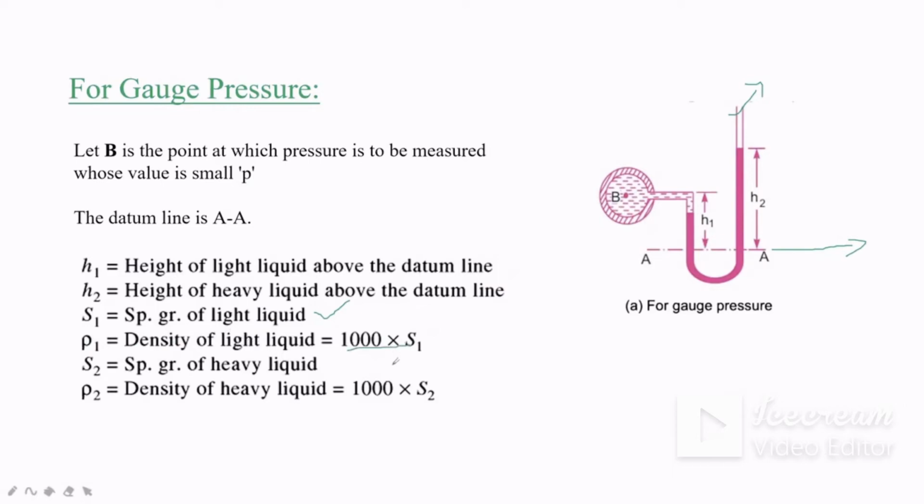S2 is the specific gravity of the heavy liquid, so the density of the heavy liquid ρ2 is 1000 into S2. So we took a datum line AA and defined the heights, the specific gravity and the density for the two different liquids.